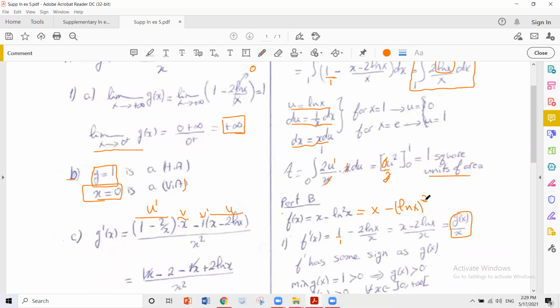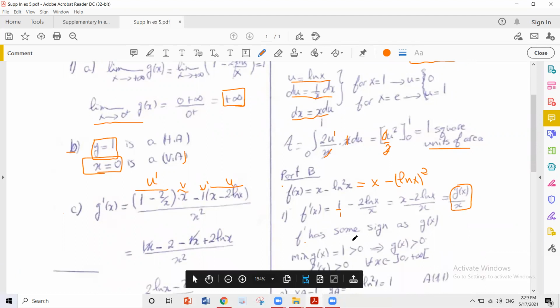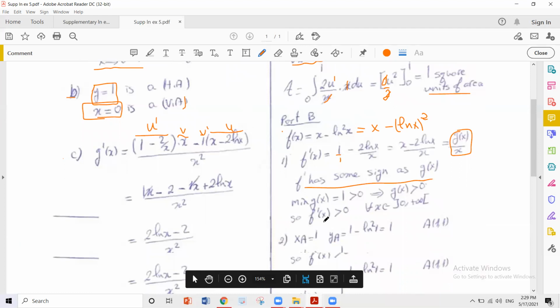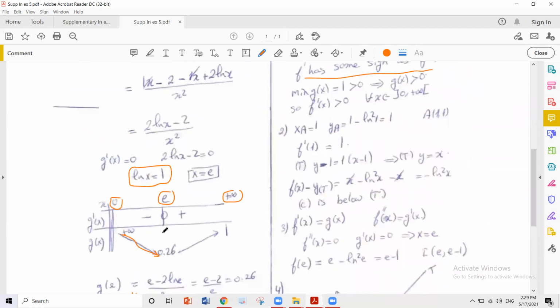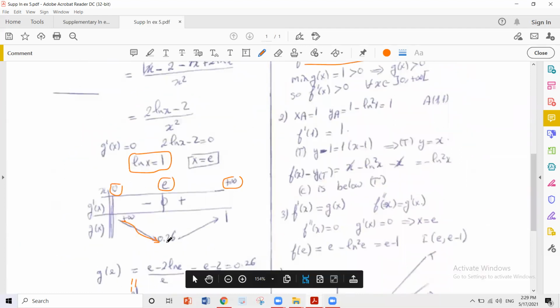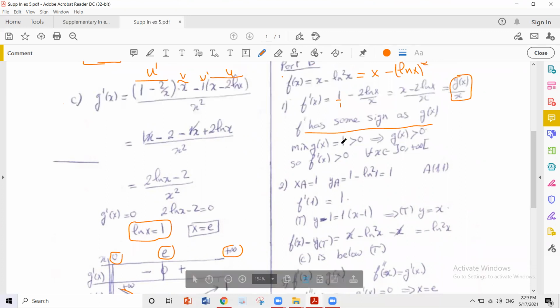Once again, the derivative of ln squared x is 2 ln x times the derivative of ln x, 1 over x. Gx over x means f prime has the same sign as gx. Whenever we make the table of variations of gx, the minimum of gx is 0.26, which is positive, not 1.